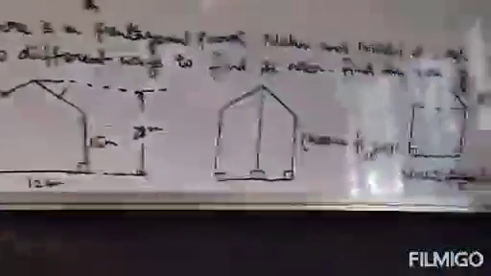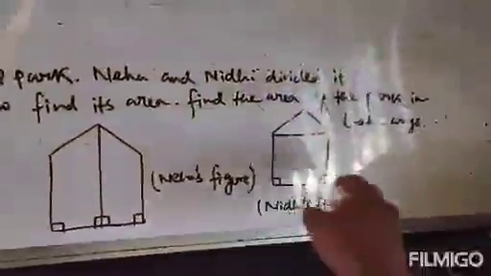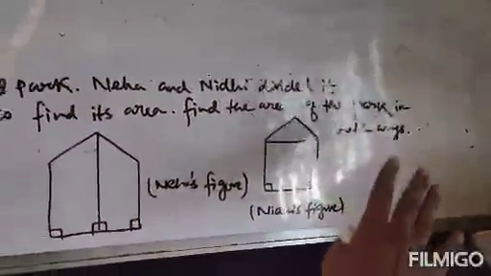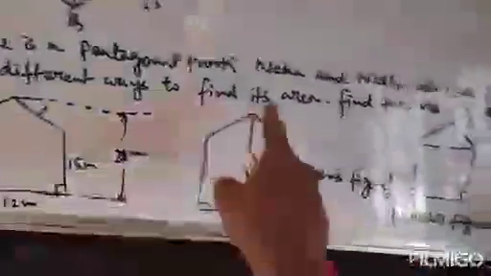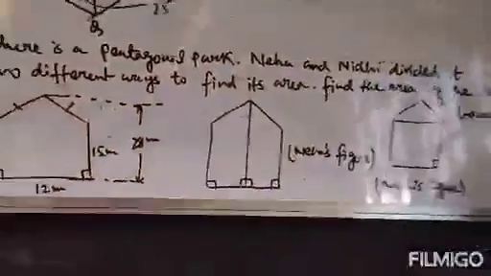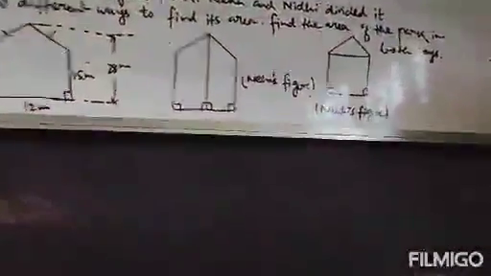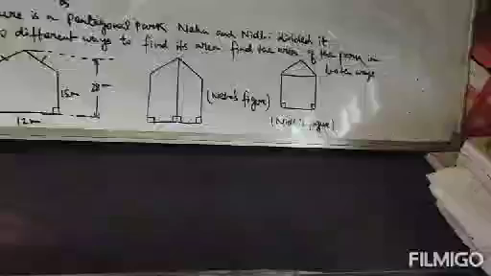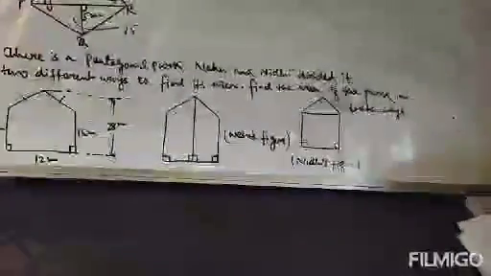Nidhi divided the park like this to find its area, and Neha divided the park like this. Now we have to calculate the area of the park in both ways, that means according to Neha's figure and also according to Nidhi's figure.